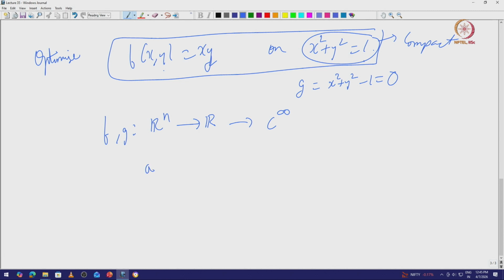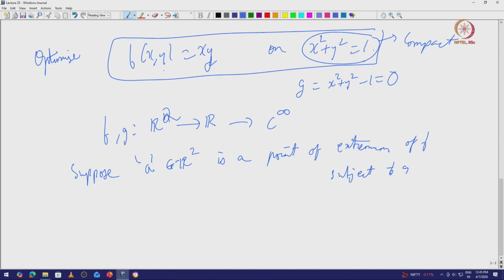So suppose A is a point of extremum. So in this case it's R2, right. So A in R2 is a point of extremum of f subject to g equals 0. Okay. So in particular A lies on this.